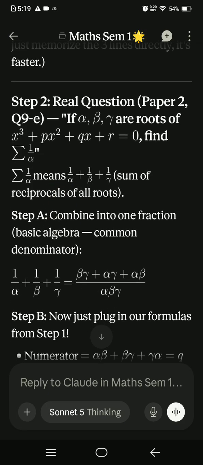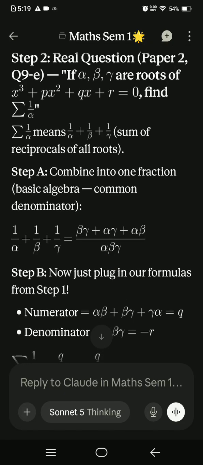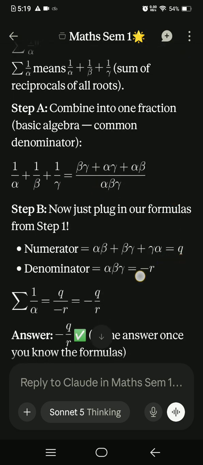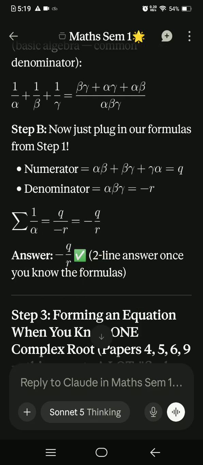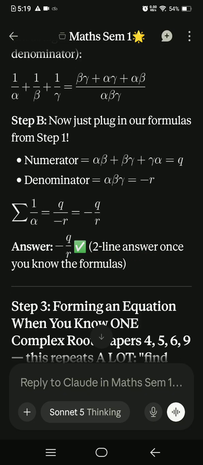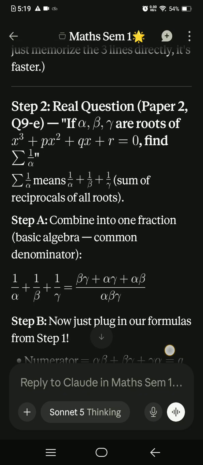Okay, so step A, combine into one fraction. If you do basic algebra, common denominator, the common denominator would be alpha beta gamma, and numerator would be beta gamma plus alpha beta plus gamma alpha. So this was basically q and this is minus r, so this can be written as minus q upon r. Two lines answer once you know the formula.